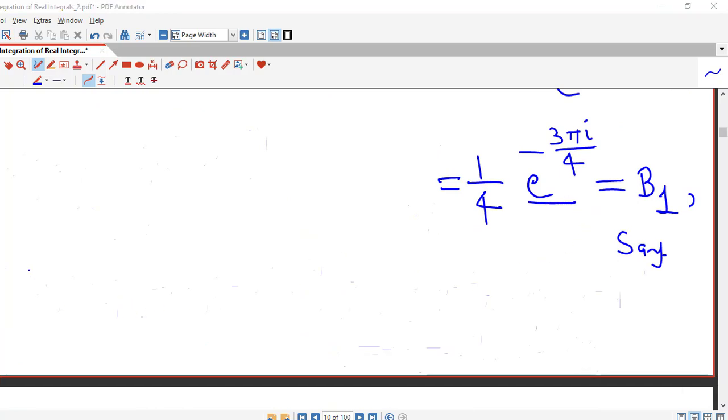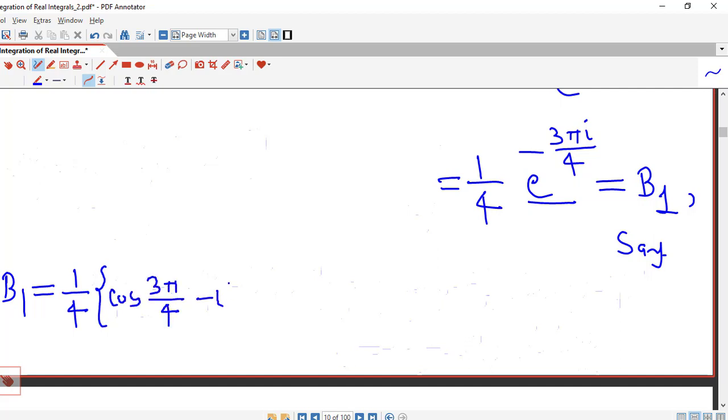Here b1 can be rewritten as 1 by 4 times e raised to minus 3 pi i by 4, that we can rewrite as cos 3 pi by 4 minus i sin 3 pi by 4.